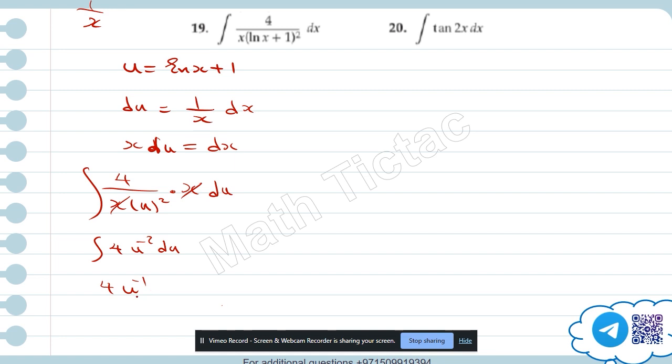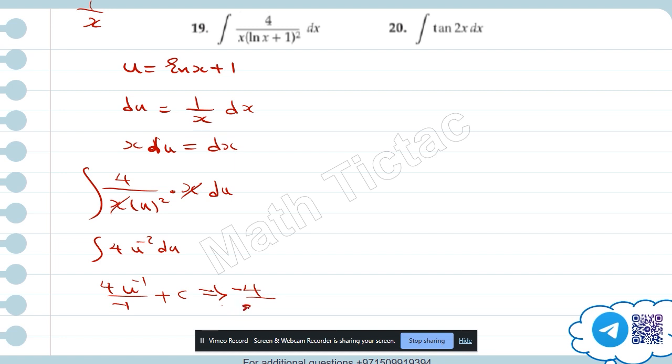So 4u to the power minus 1 divided by minus 1 plus c. Okay, in here I can write my assumption back again, which is 4 instead of u to the power minus 1, this is minus 4. This is the minus. Okay, now I will write 1 over u. So 1 over u, then put the assumption back.